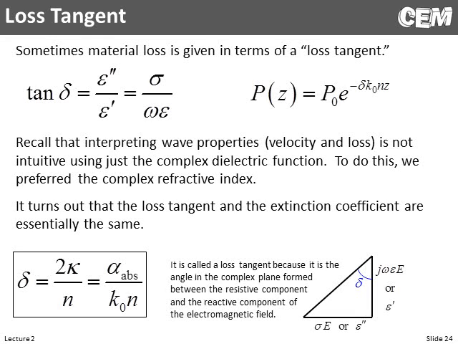Whereas I mentioned before, the dielectric constant has a real and imaginary part, but it's not clear what the loss is just given those two numbers. Well, loss tangent, that's one number that completely characterizes the loss. To give you an idea of some typical loss tangents, a really high performance dielectric that doesn't have much loss is like 0.0001 loss tangent.